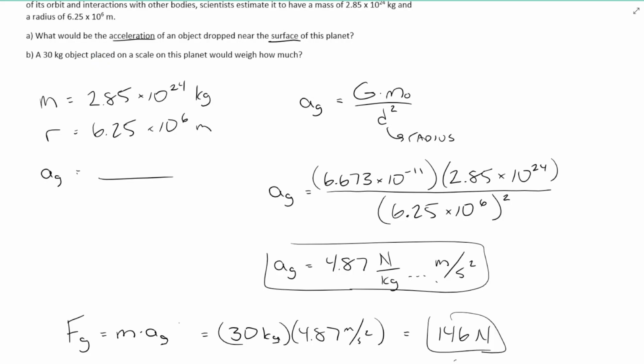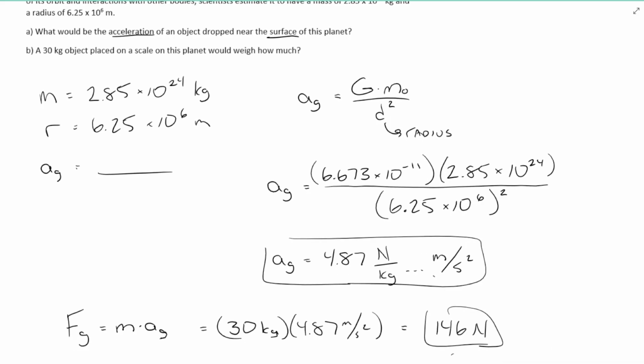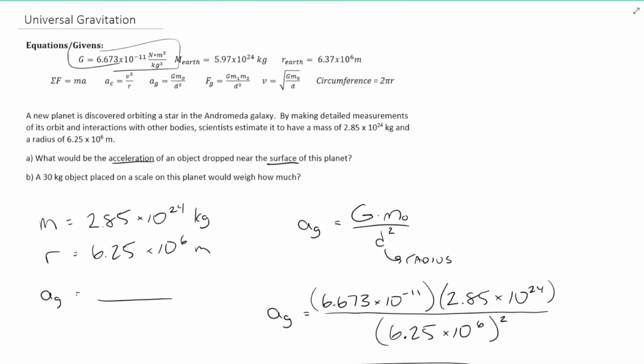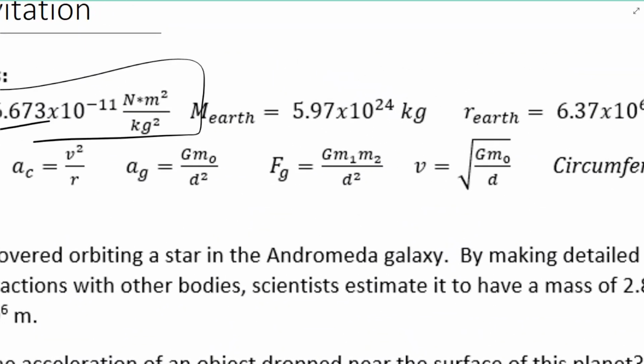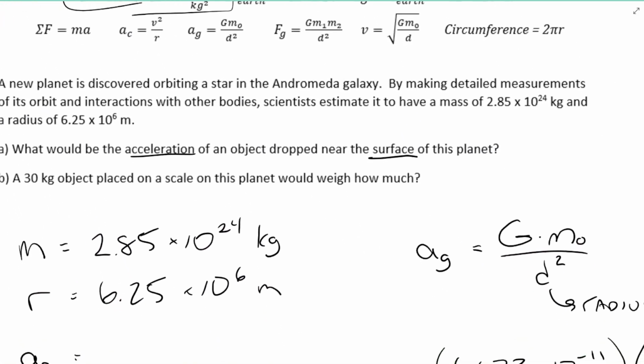newtons. Now, the other way to look at this would be the force of gravity between the two objects. And this is where that second equation, Fg equals G m1 m2 over d squared, comes in.